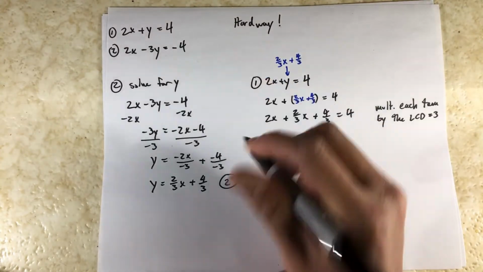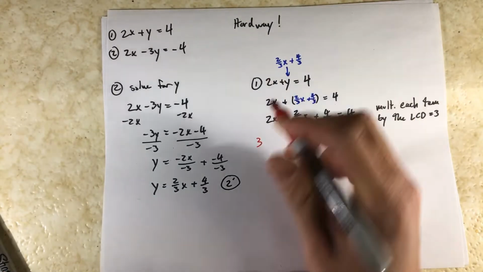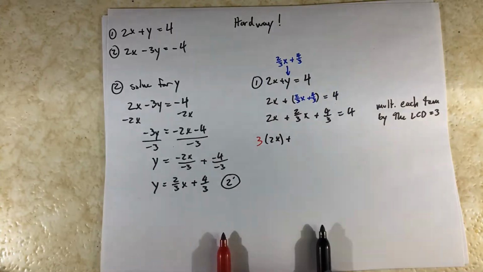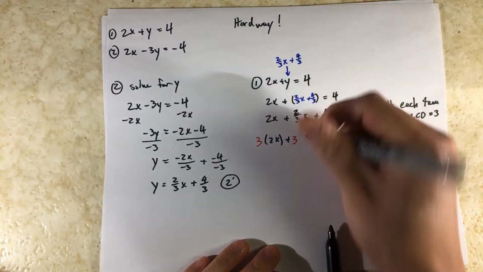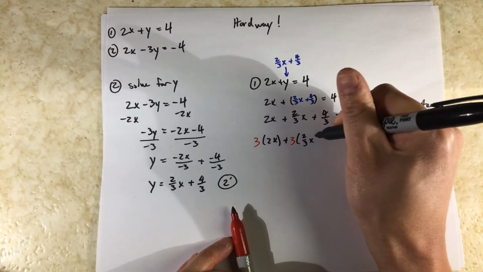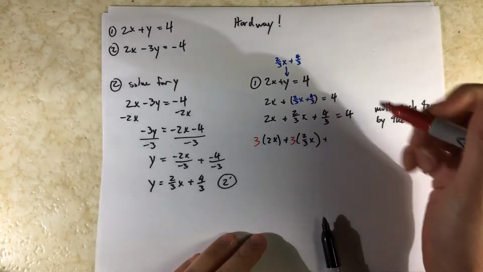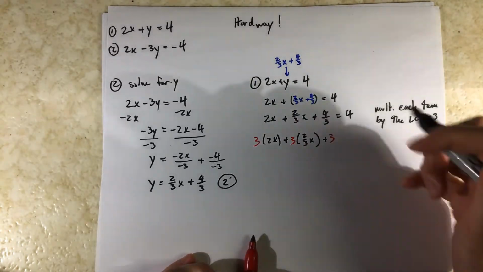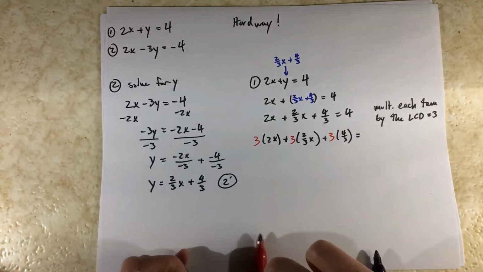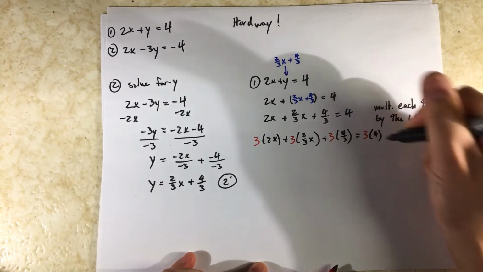So I'm going to do, here, let's do red. So I'm going to do 3 times 2x plus 3 times 2/3 x plus 3 times 4/3 equals 3 times 4.